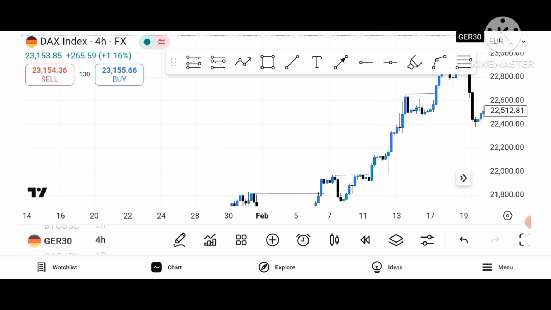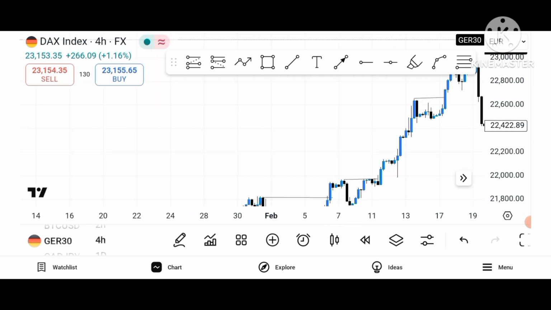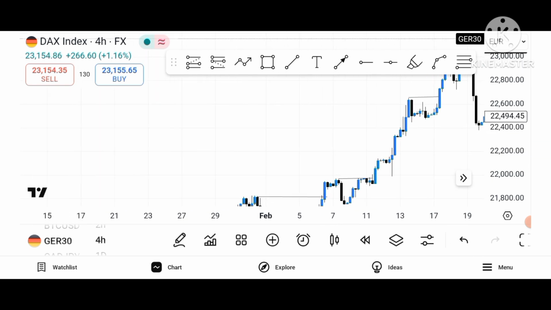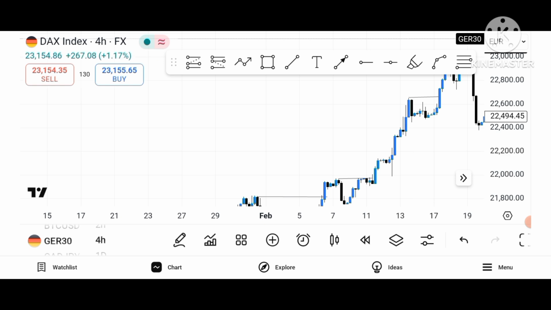Then that was my second confluence, that we are about to go down and then fill this gap. And then I asked myself, if we are going down because we are involved in an uptrend, and I'm seeing that we will still go down to fill the gaps, where will I spot a buy position, or where will I position my buys?